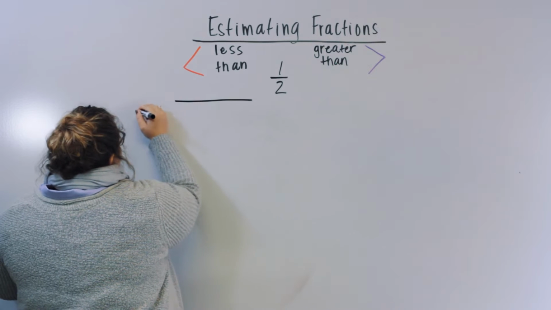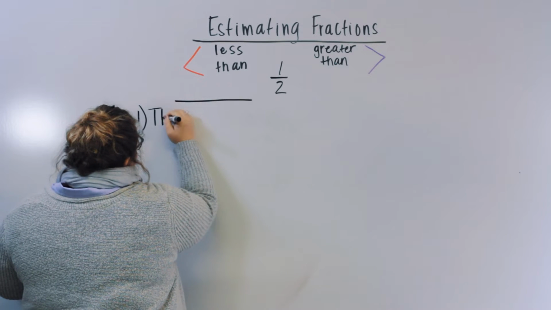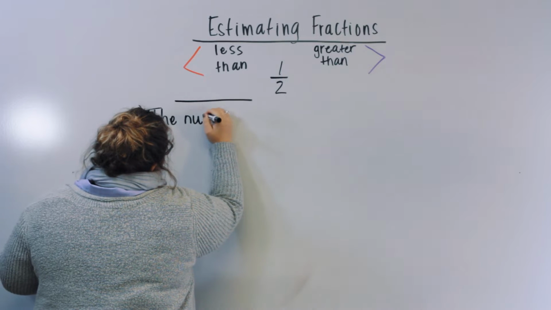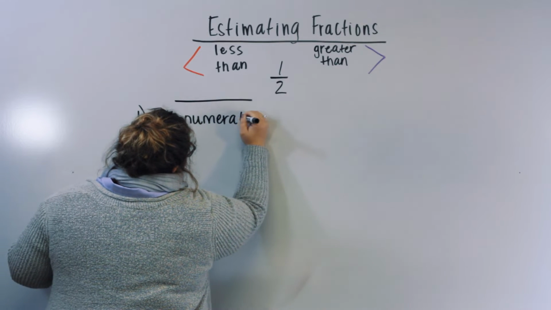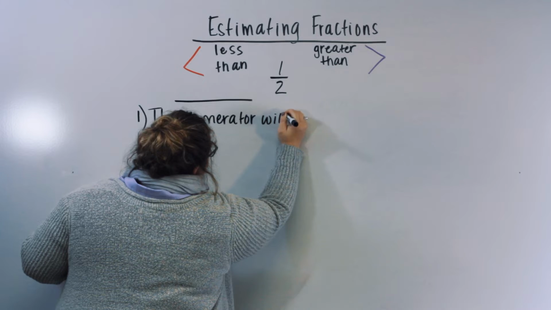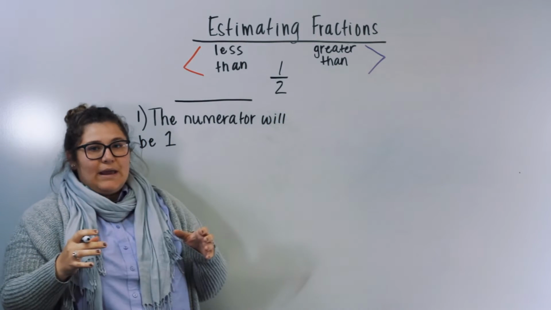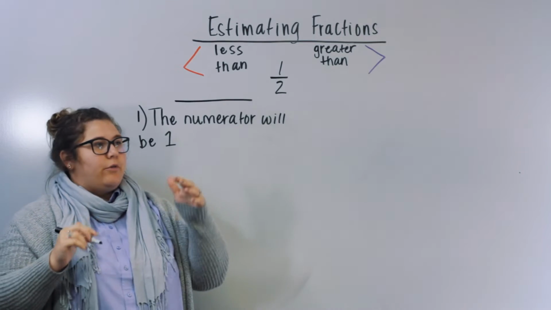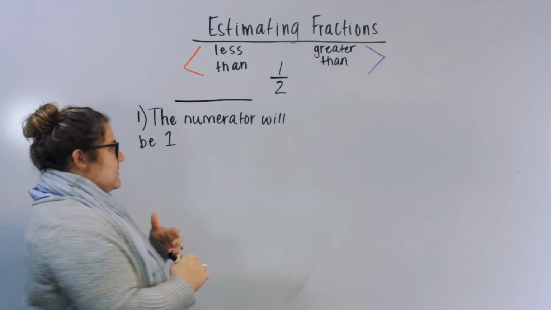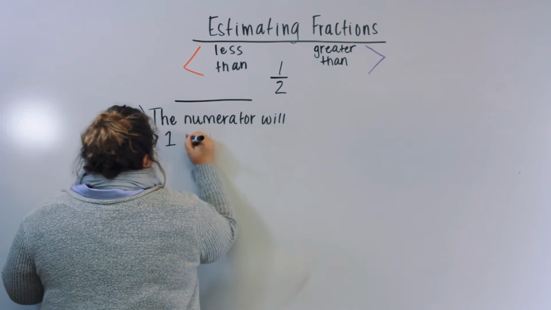going to be 1. And the denominator will be greater than 2. So 3, 4, 5, 6, and so on.